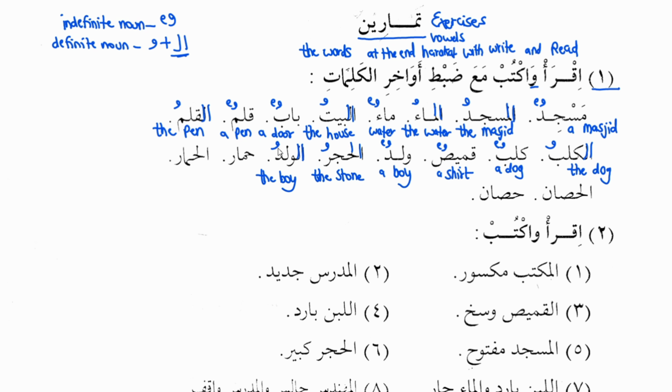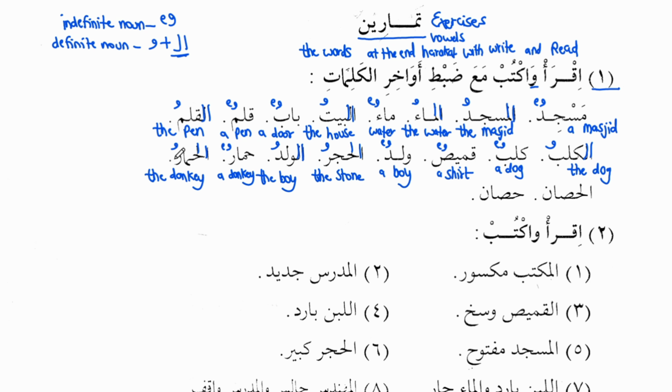Next, there is no alif lam, so we'll put dhammatan, and this will be himarun. Himarun means a donkey. Next, there is alif lam, so we'll put one dhamma at the end, and this will be al-himaru. Al-himaru means the donkey.